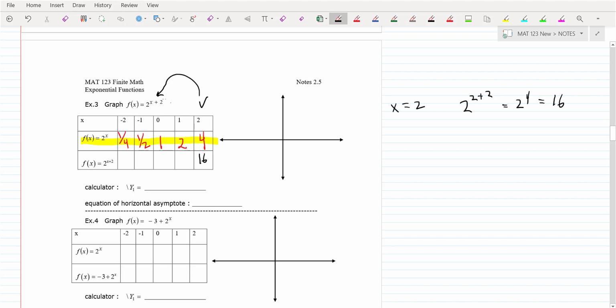Because what you're doing is taking this x value and plugging it in. Now if we go to x equals 1, then it's going to be 2 to the 1 plus 2, which is 2 to the 3rd. 2 to the 3rd is 8. You're going to see little patterns on these things as you go. Now I go to x equals 0. So now it's 2 to the 0 plus 2. That's 2 to the 2nd, so that's 4.